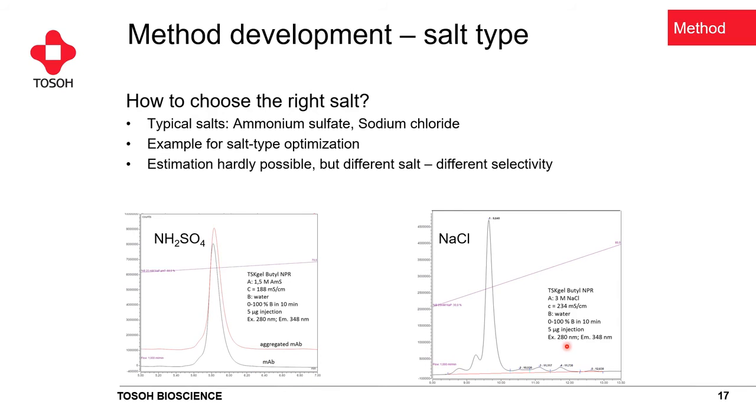However, if we look into the sodium chloride separation, or the separation in a sodium chloride buffer and gradient, what we see is separation of fragments and also aggregates. So in this case, we used another salt and thereby changed the selectivity.